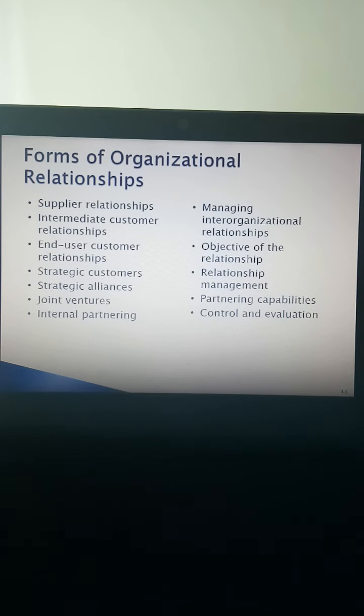Next is the objective of relationships. Forms of organizational relationship can also be in relationship management, partnering capabilities, as well as control and evaluation. Last but not least is exiting from alliance.